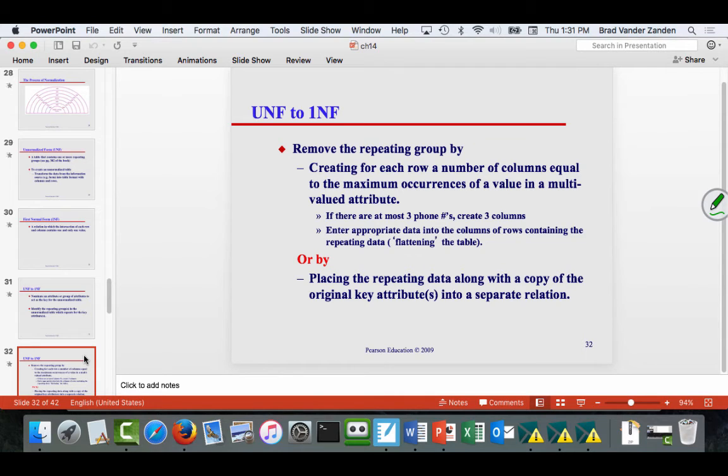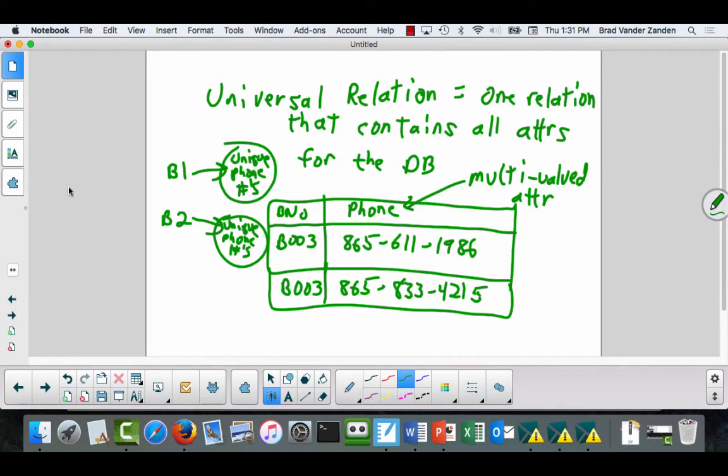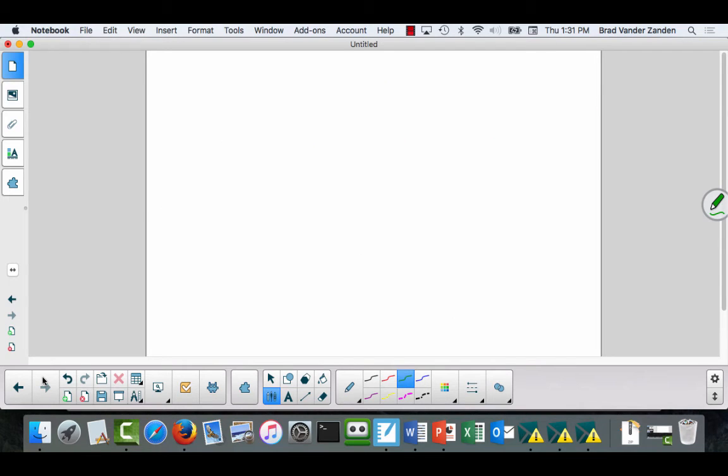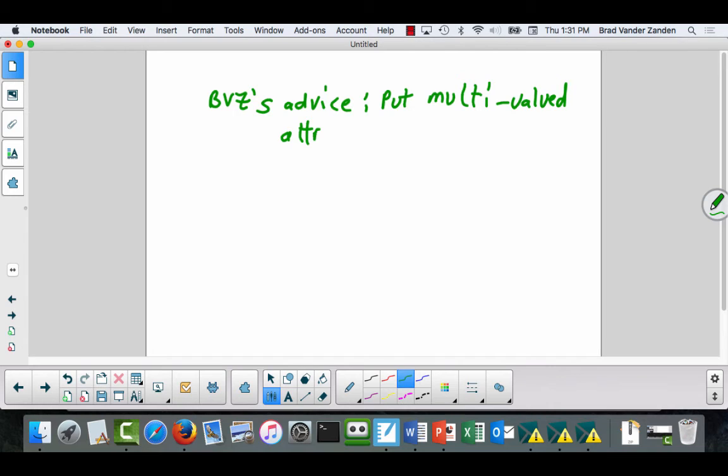For example, if a branch can have at most 3 phone numbers, we would create 3 columns for that attribute. Or we put the repeating data, the multivalued attribute, into a separate relation, which is the solution I advocate. So I think that you should typically put multivalued attributes into a separate relation.